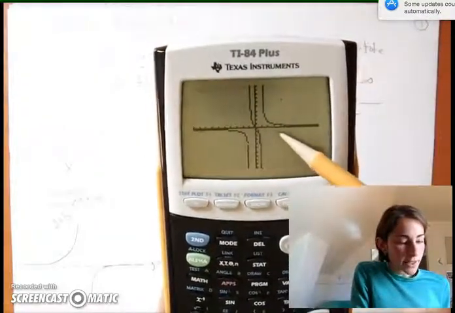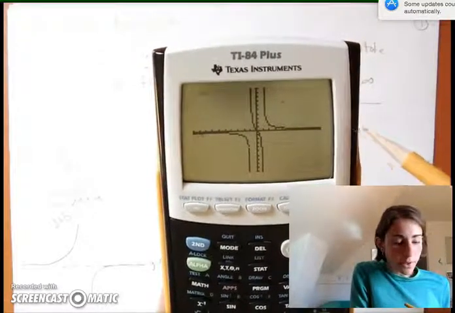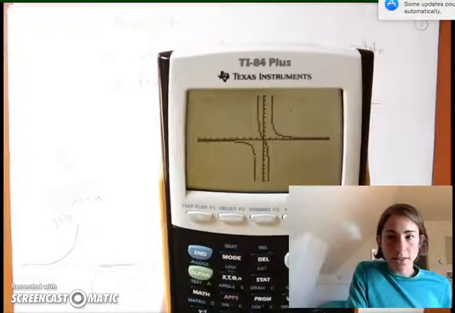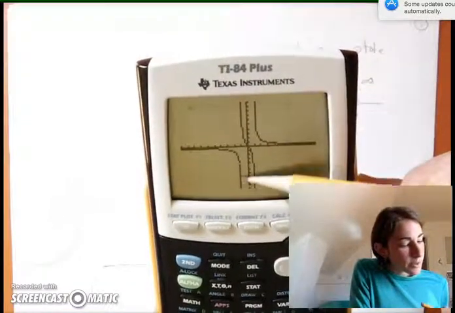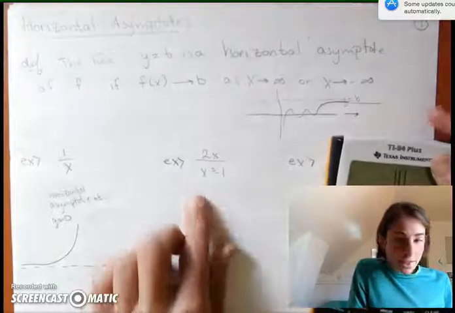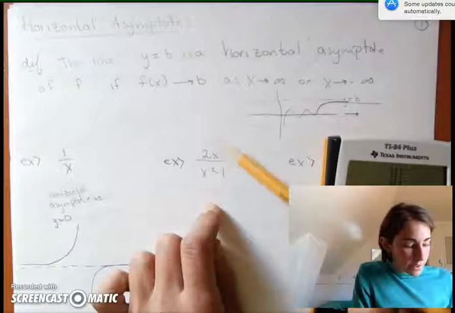But as the x values get large, it starts to go toward the line y equals 0. Similarly, as the x values get closer and closer to negative infinity, the y values of the graph get closer and closer to 0.